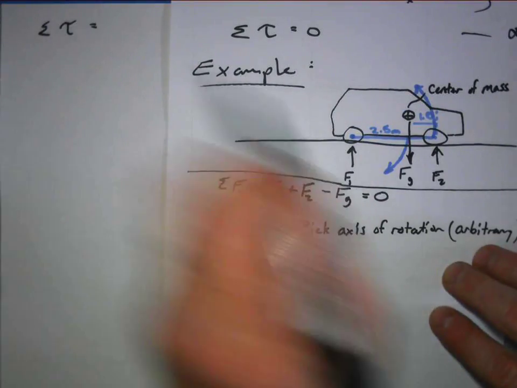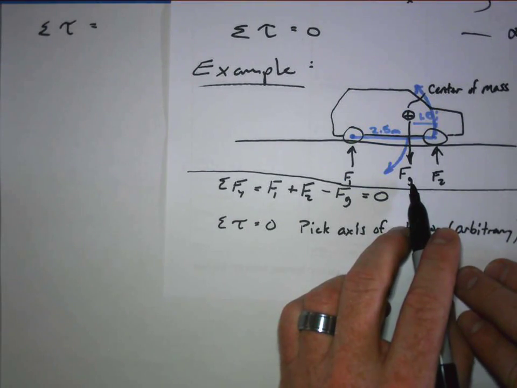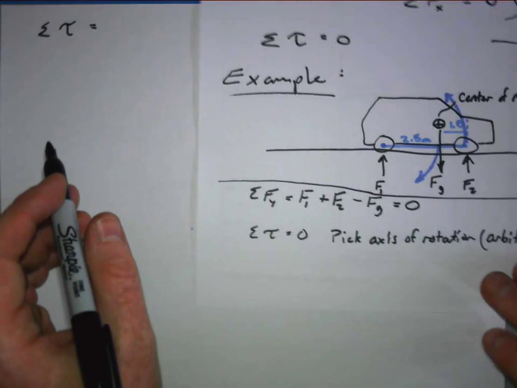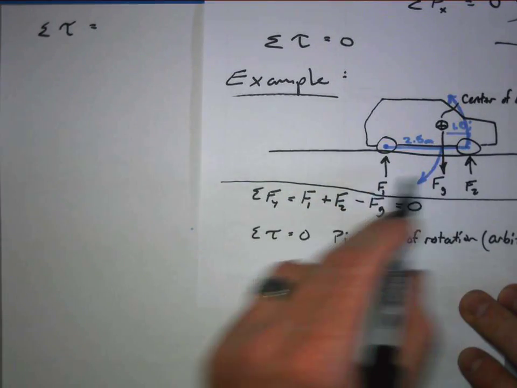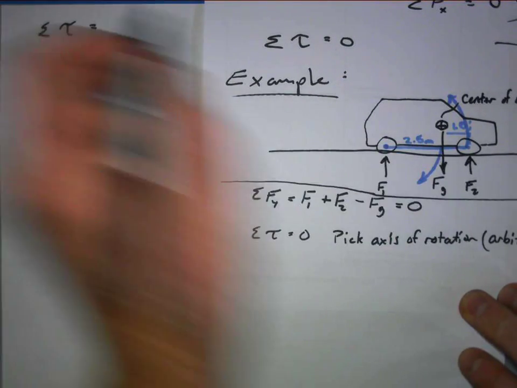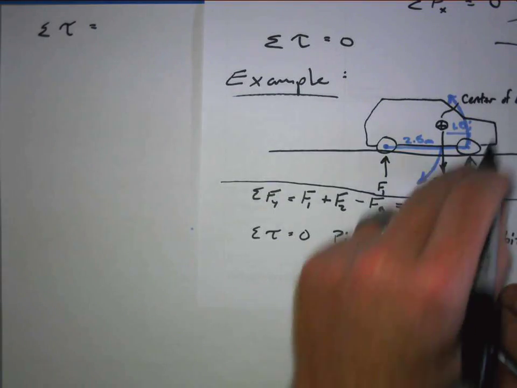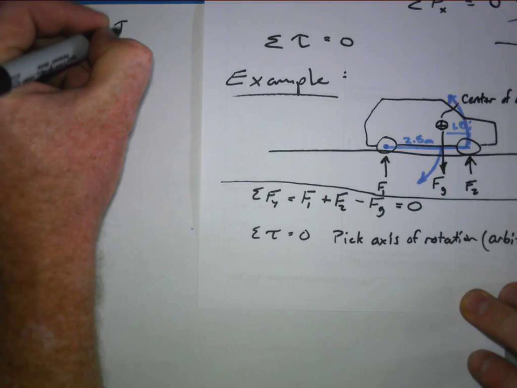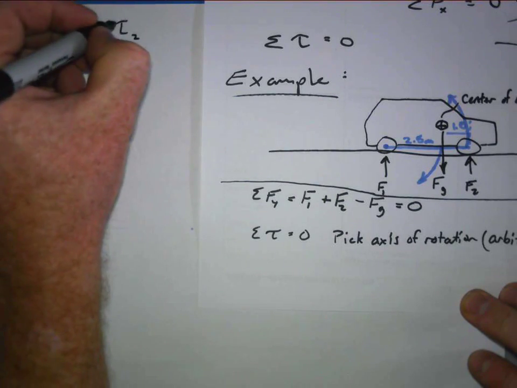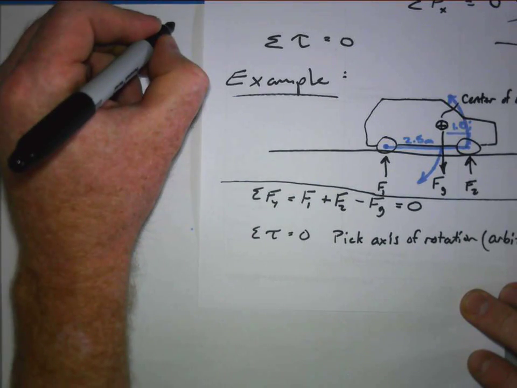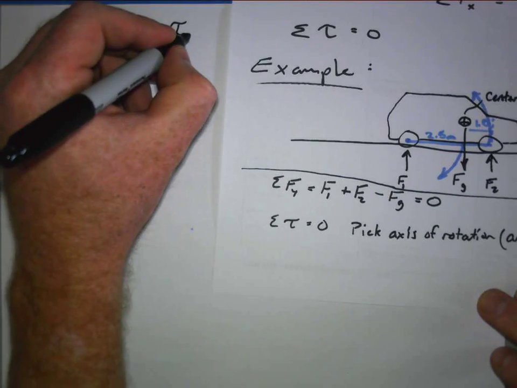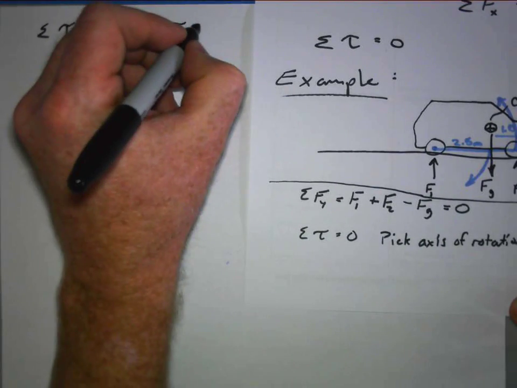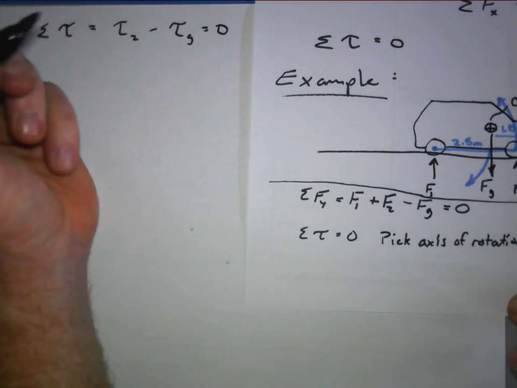So how about the torque produced by the weight? That's going to be a clockwise torque, okay, and the torque produced by F2 is going to be a counterclockwise torque. So when I add them together, the torque from 2 minus the torque from gravity should be 0, right?